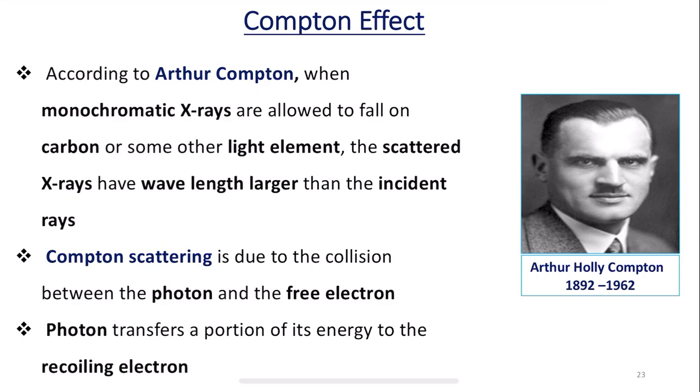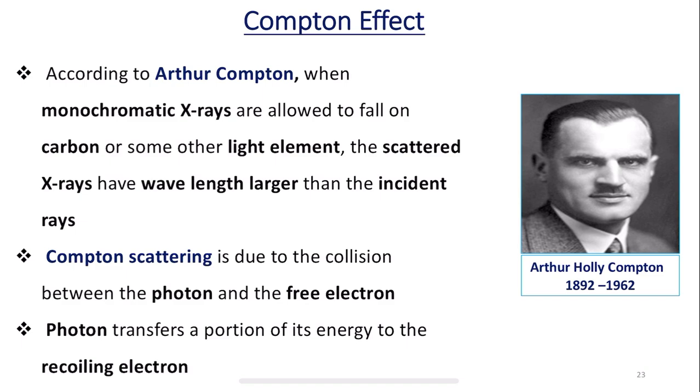According to Albert Einstein, who explained the photoelectric effect by applying Planck's quantum theory, it was a well justified explanation, right? And this is where we stopped in our previous class.